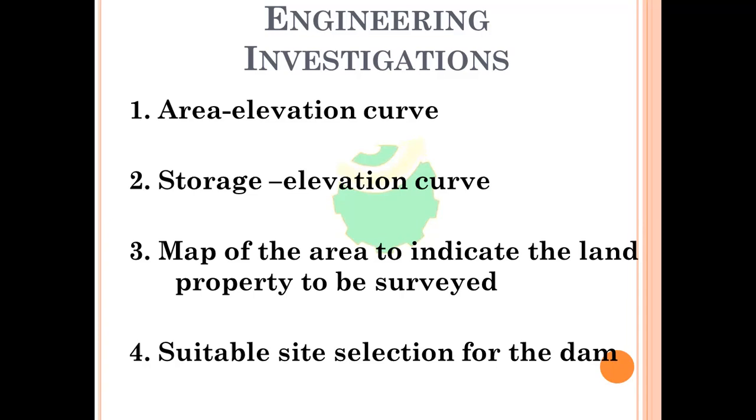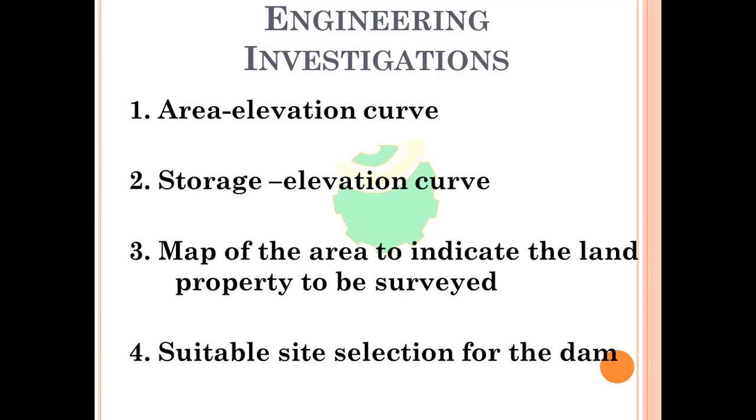And the area of the reservoir. Compulsorily, the submerging area should be minimized. If the submerging area is more, automatically the cost of construction is increased because we are losing valuable lands in the submerged area. That means agriculture lands are submerged in the reservoir.